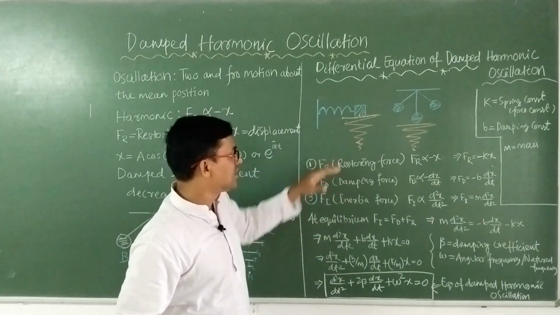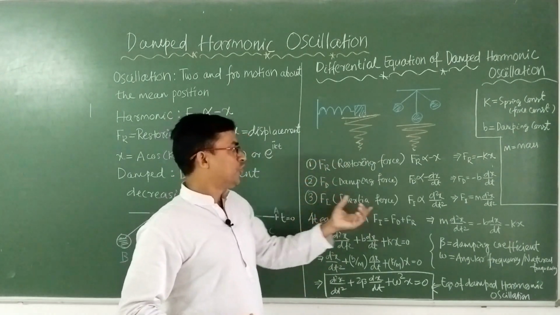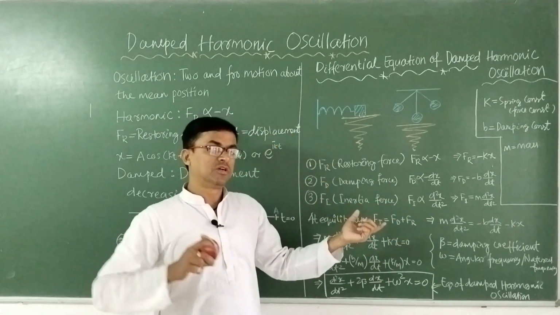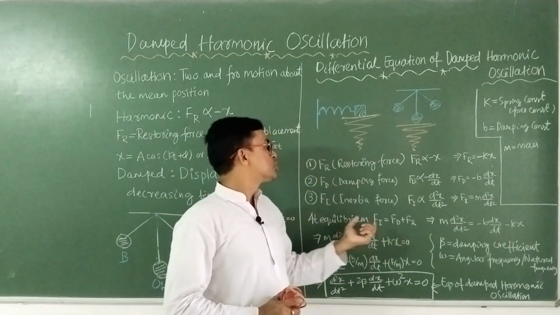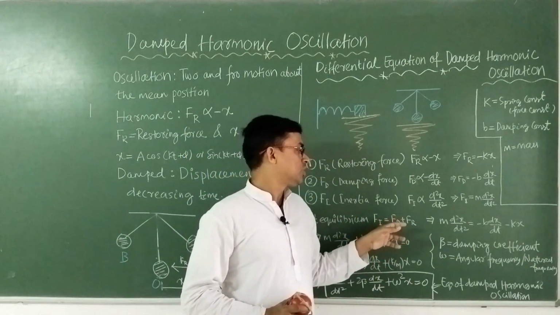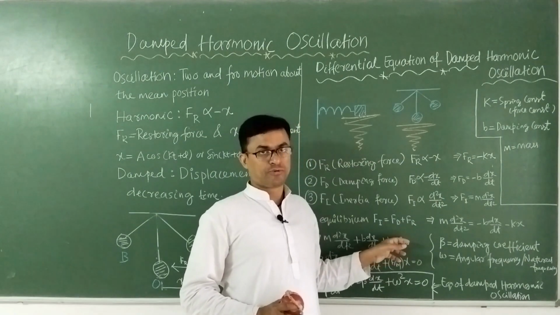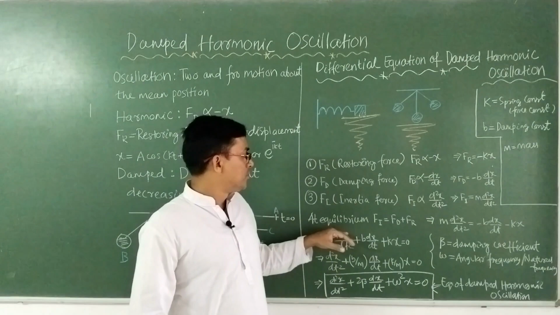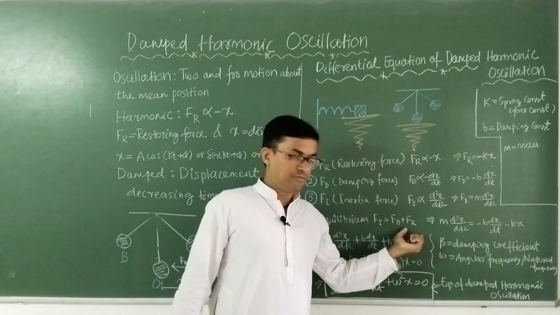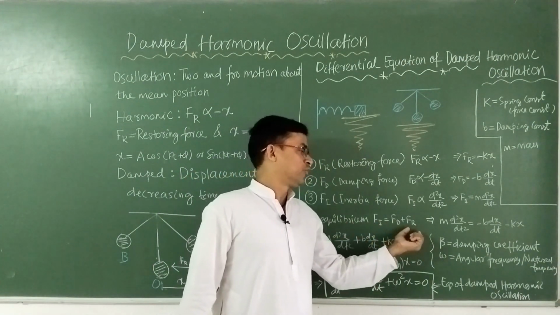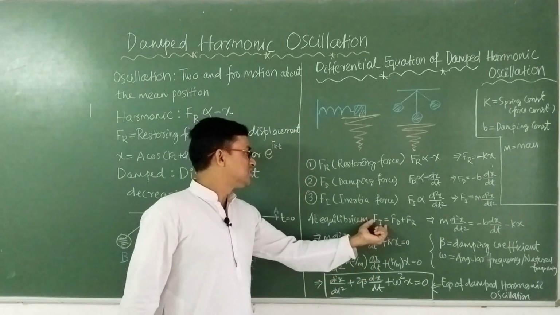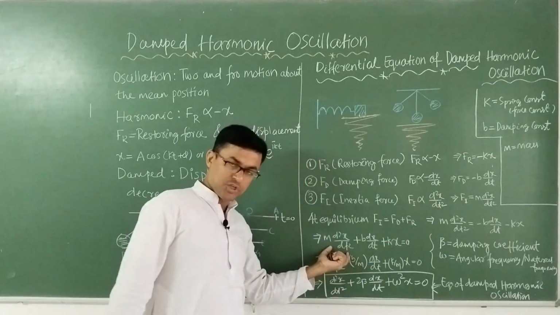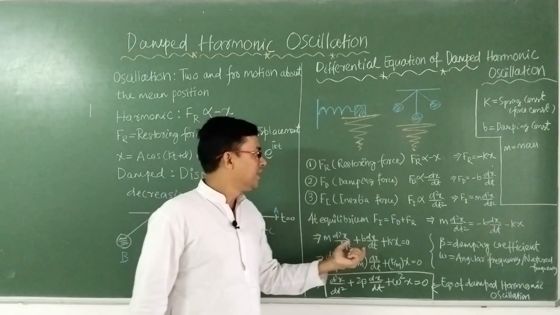So in this case, at equilibrium, the inertial force, which is in the direction of the displacement, should be equal to the restoring force and damping force; only then will the system be stable. So in the equilibrium condition, Fi equal to Fd plus Fr, and the inertia force is nothing but mass into acceleration, m into d square x by dt square.